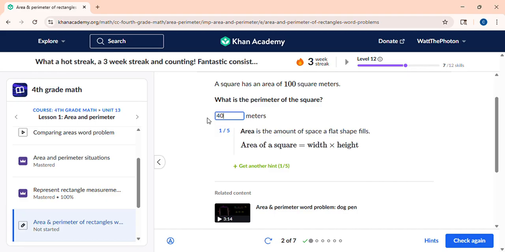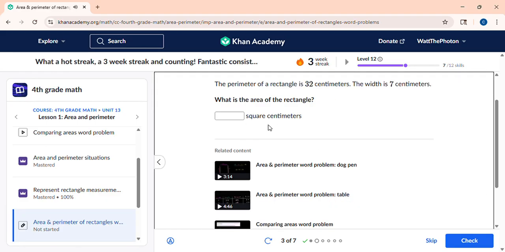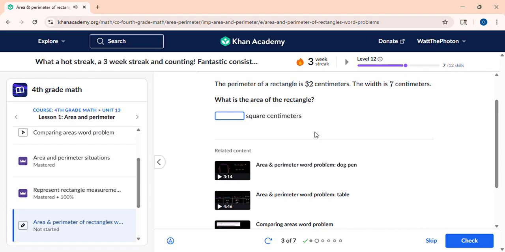That would be 40. 32 with 7, 7. That's 32 minus 14. 8, 20, 22 minus 4. 20 minus 2, 18. 18 divided by 2 is 9. 9 times 7 is 63.